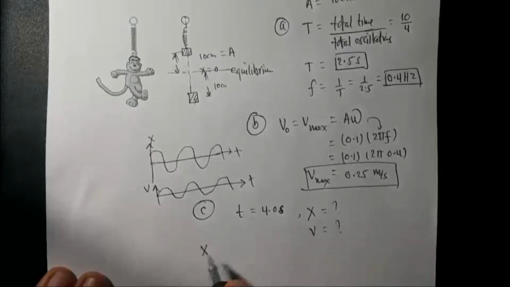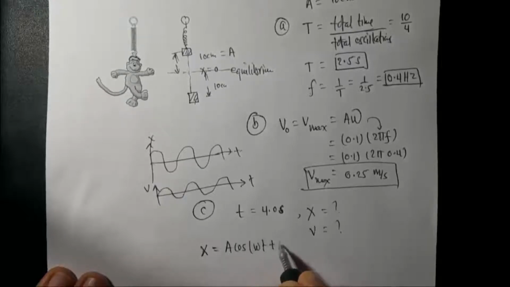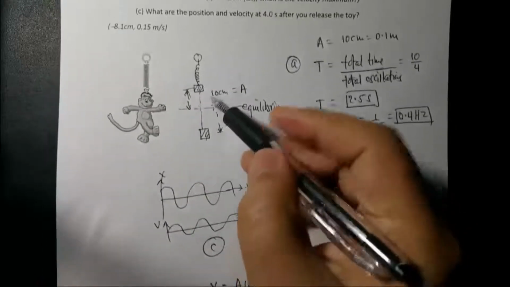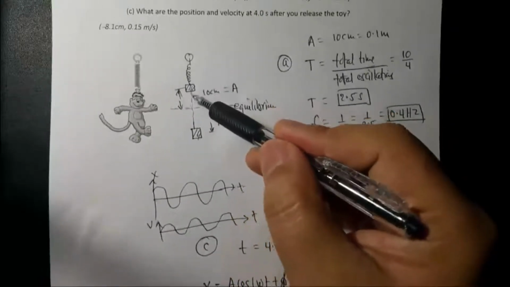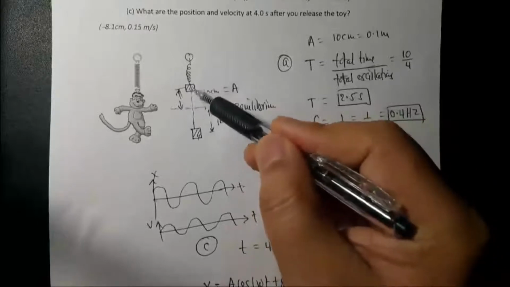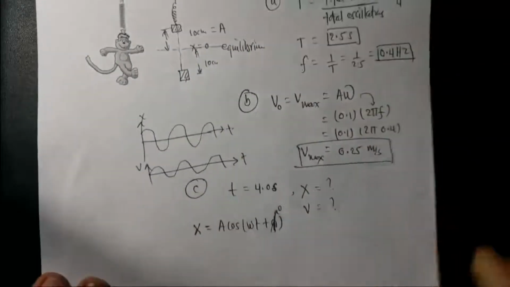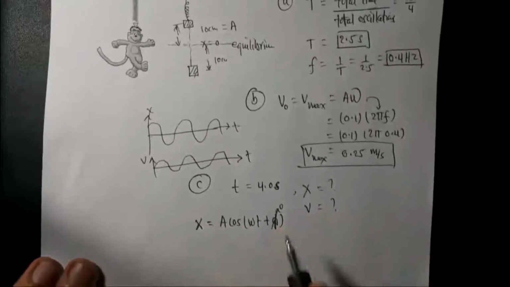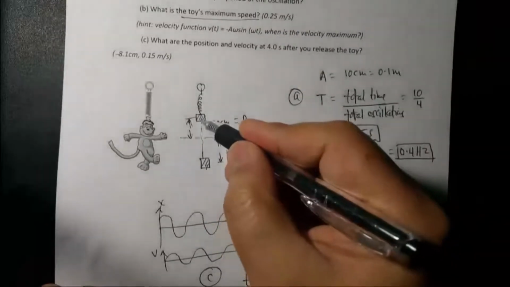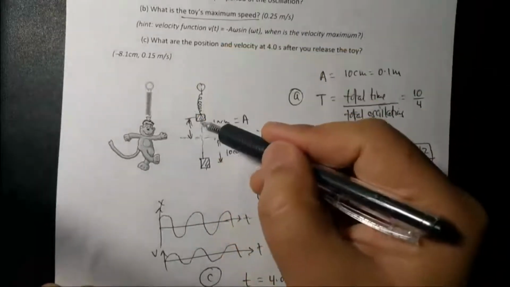The position function is x equals A cos(omega t plus phi), but phi is 0, because you release from maximum amplitude. You release from 10 centimeters, so your phase angle should be 0 because you start from the maximum position.